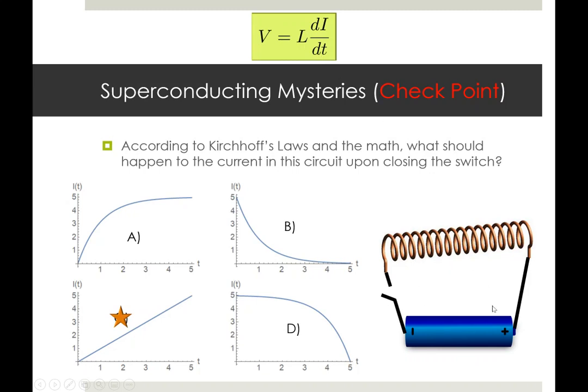For a circuit which looks just like this, all the inductor does is limit how you can build up current, but according to the math, that's just constant. So you would have a constant slope, and your current would keep increasing forever.